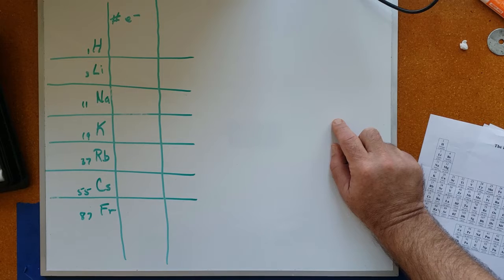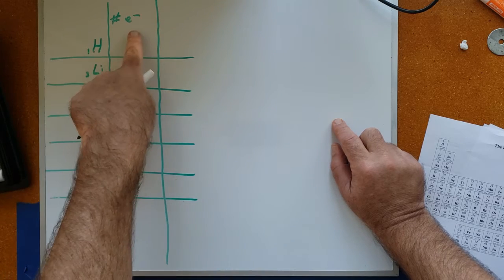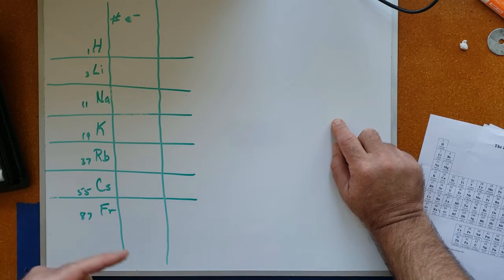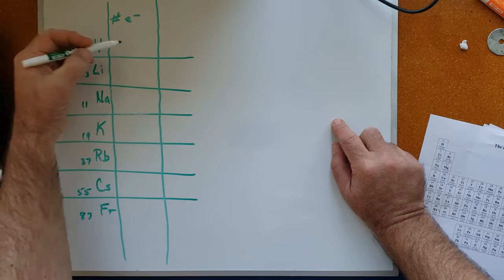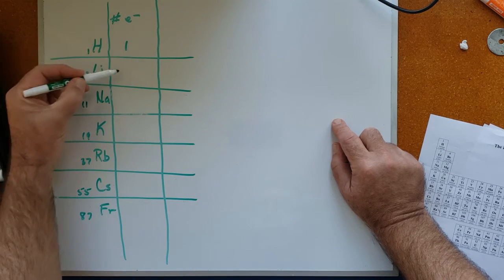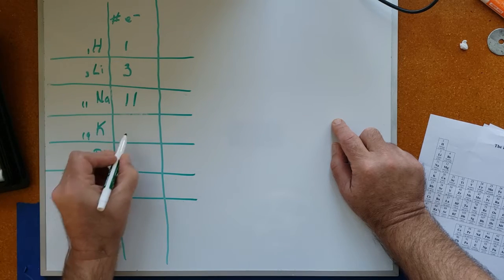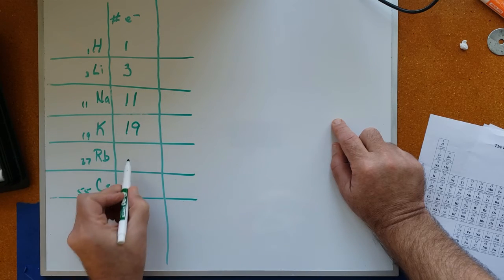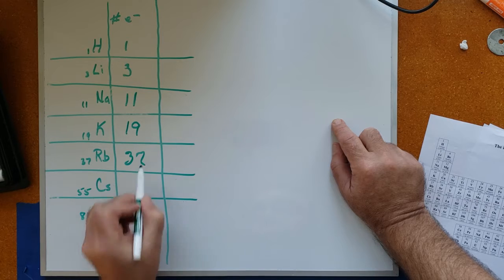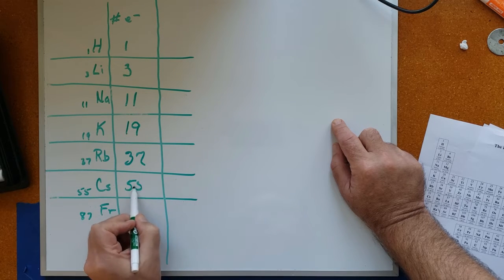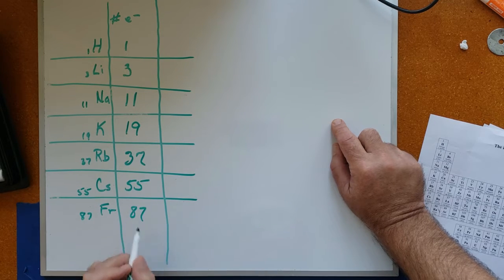When we get talking about ions, where electrons are gained and lost out of an atom, then the atomic number won't equal the number of electrons. But in this case, we'll assume neutral atoms. So the number of electrons, hydrogen is 1, for lithium it's 3, for sodium it's 11, for potassium it's 19, rubidium is 37, cesium would be 55, and francium 87.